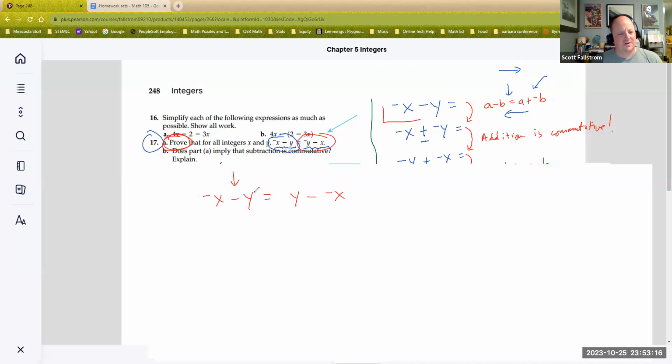That would be commutativity of subtraction, because here's the subtraction, and then all I do is swap those and swap these. And what we're saying is, hey, that's not actually true. And we can see that from what we had to prove here, that this is not true. So this fails.